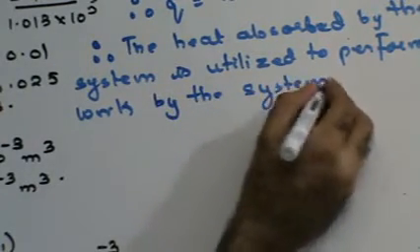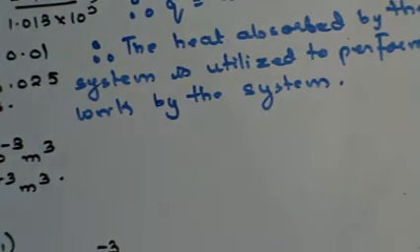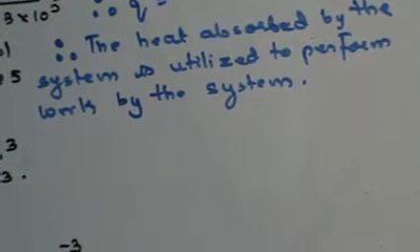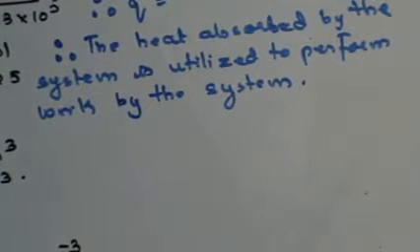So there are two reasons why you have the concept of maximum work. A, a reversible process takes place in a large number of small steps, and work done depends upon the number of steps. Since the number of steps is maximum in a reversible process, work done will be maximum. Work is done in each step. Moreover, in an isothermal process, the change in temperature is 0, hence the change in internal energy is 0.